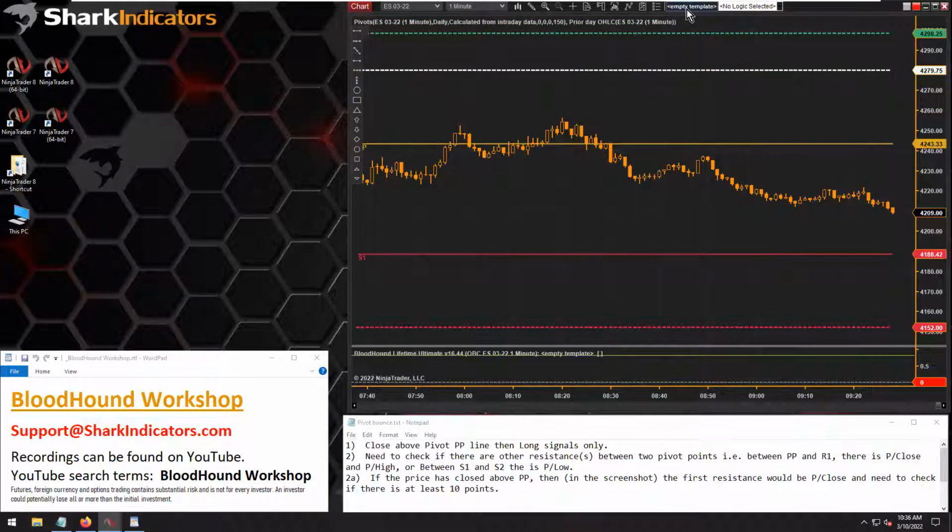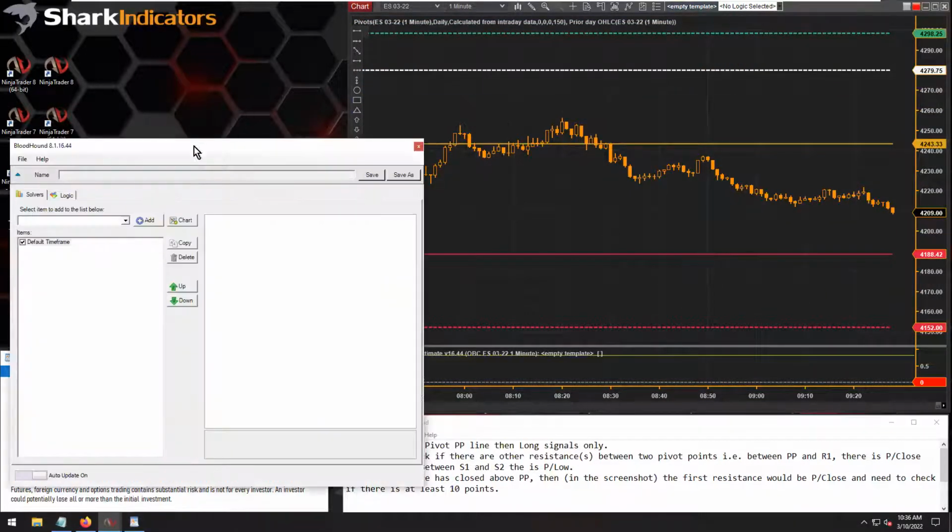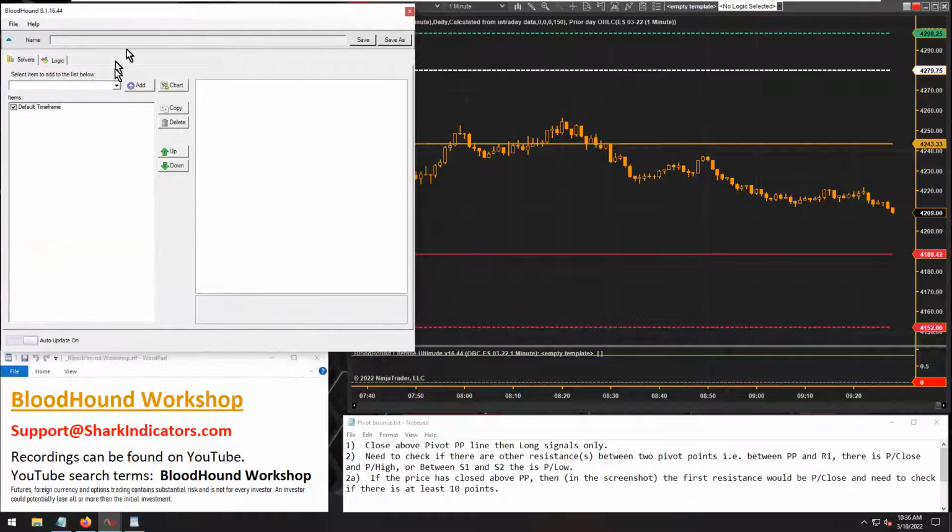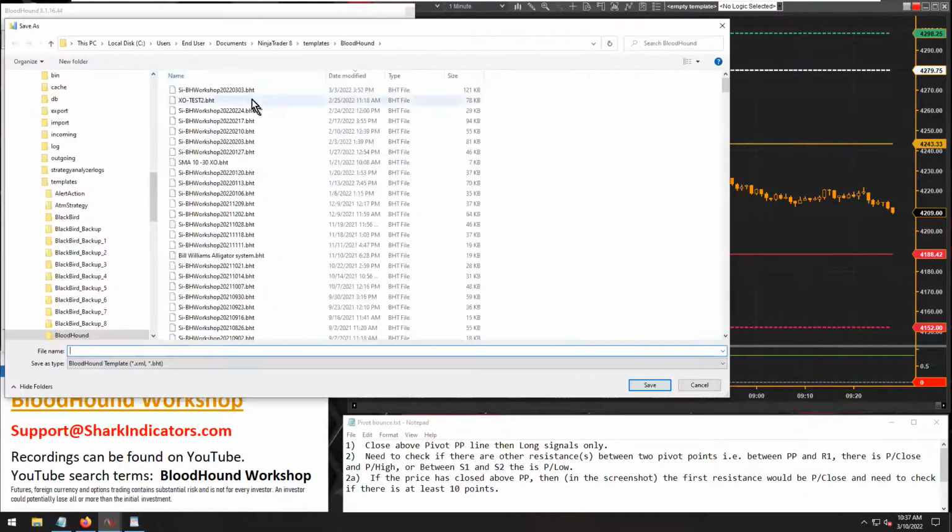Let me open BloodHound. And first thing we want to do is put a file name in there, so let me hit the Save As button. And there we go.